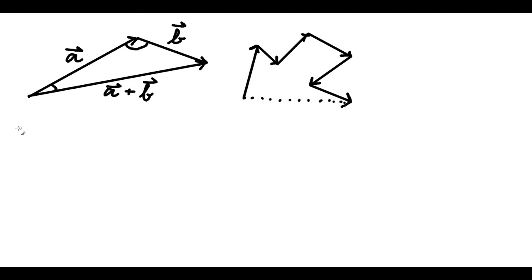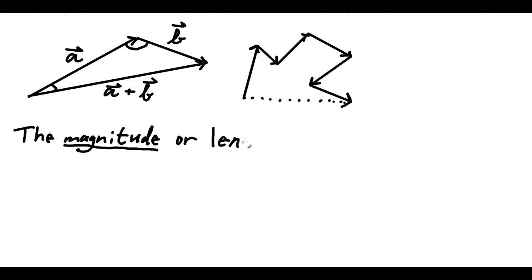So to develop that, let me first discuss something we have spoken about from the beginning: the magnitude of a vector, or the length of a vector. Remember, we informally defined a vector as a quantity that has both magnitude and direction.